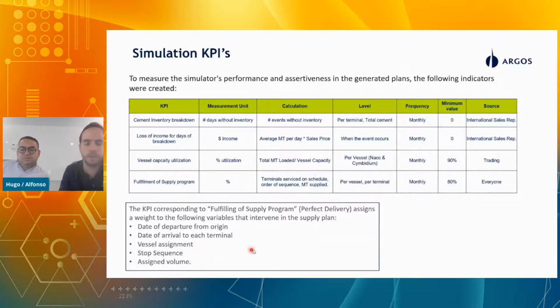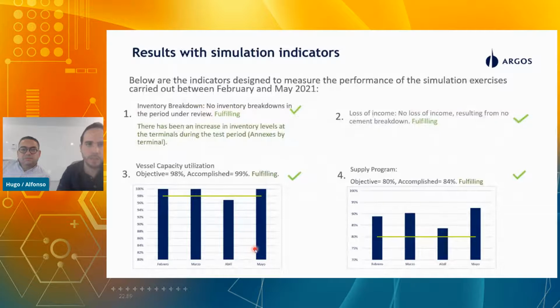So at the end of the simulation, we save this information and we compare it to what actually is the final outcome. So far, we're fulfilling all these KPIs. We are keeping record of how we're performing at the moment, and definitely it has proven to be very effective.